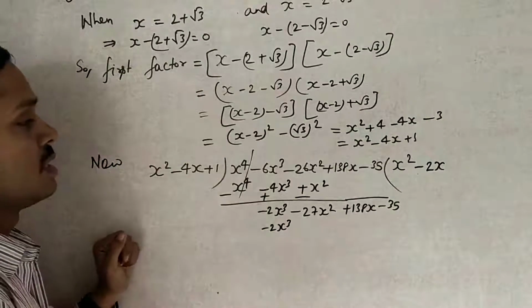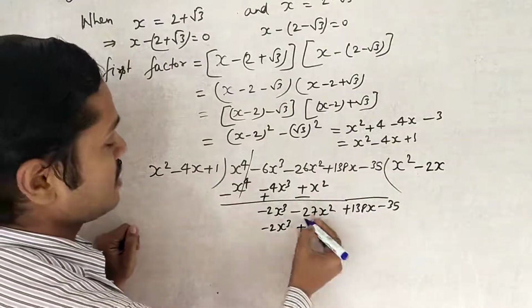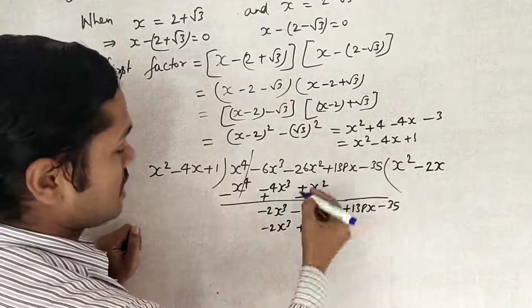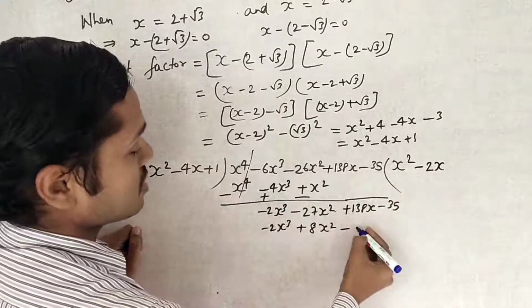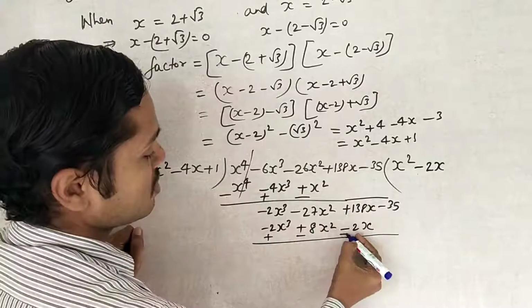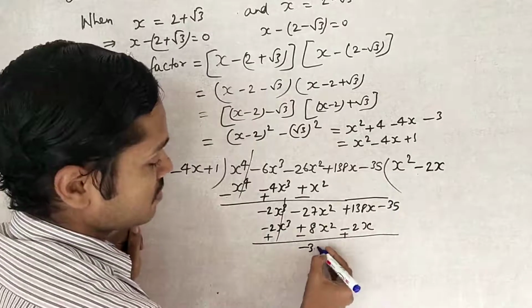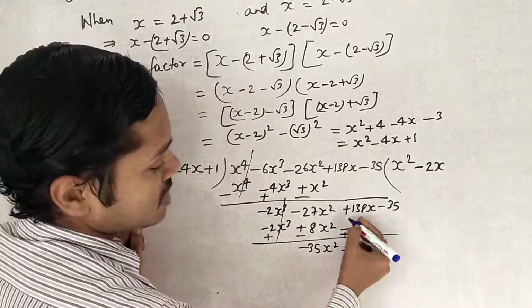Now look at it. Minus plus 2 for the 8x square. x 1 2x, 1 2x, so minus 2x. Now look at it. This one plus this one, minus this one plus, cancel. 27 and minus 8, minus 45x square.